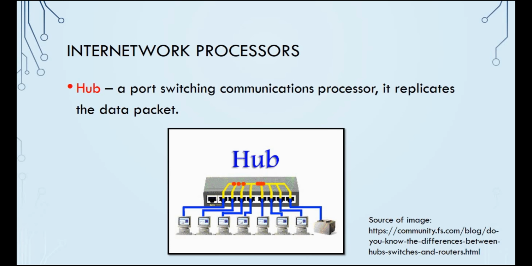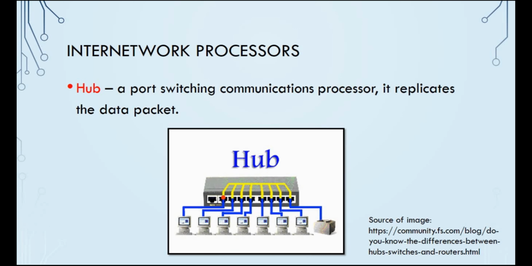So the hub supports switching communications processors. It replicates the data, as you can see in the example below. So the hub connects all the devices together within the network, but the hub is not so intelligent, because when a computer sends a packet to another computer, it replicates the packet and sends it to all computers that are connected to it.